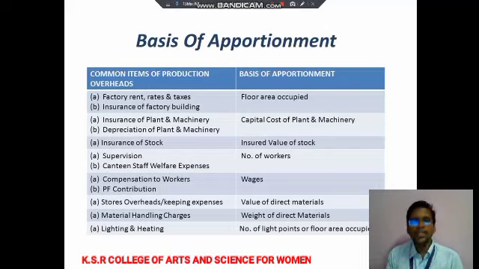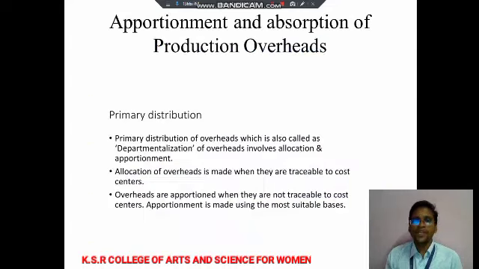Then supervision and the canteen staff's welfare expenses come under the number of workers. Then compensation to workers, wages, PF. Then stores overhead are storekeeping expenses, value of direct material, and material handling charges, weight of direct material. Then lighting, number of light points or floor space occupied. Then apportionment and absorption of production overheads come under primary overheads.